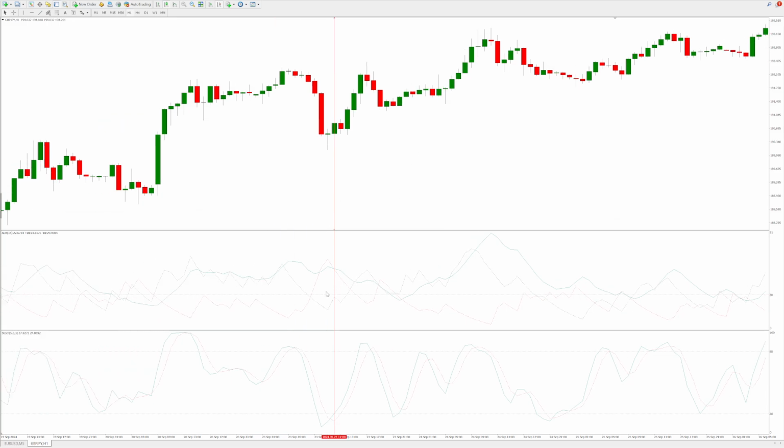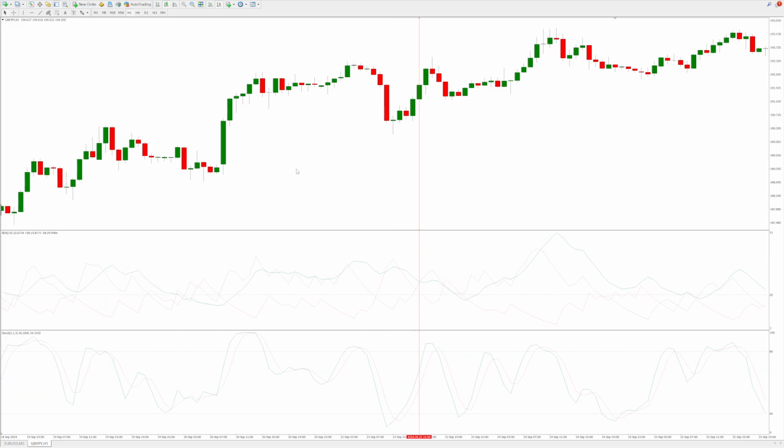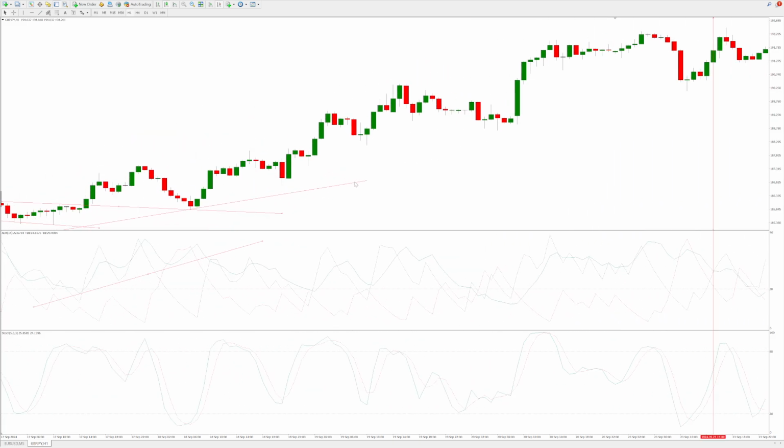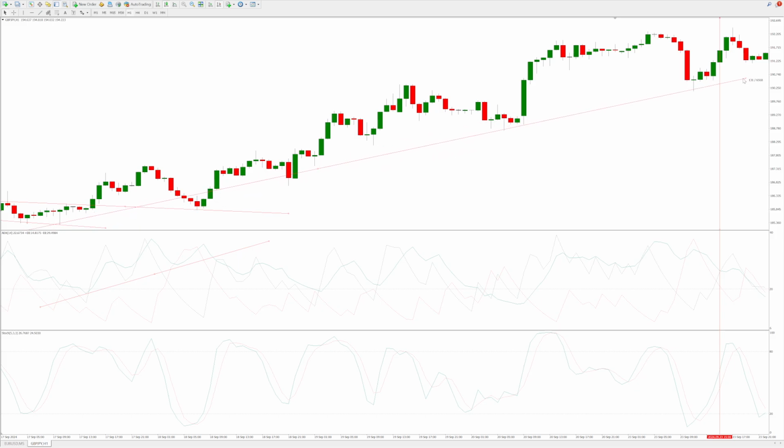Indicators can be lagging. As you can see, the ADX there is still thinking the sell signal is prominent. It's not until here we have the crossover of the ADX, but still that wouldn't have been a bad entry point. Stochastic confirming again, and of course you have your trend line.